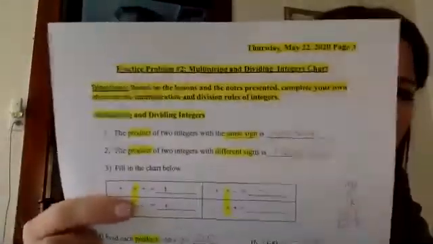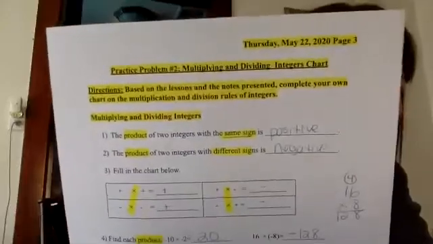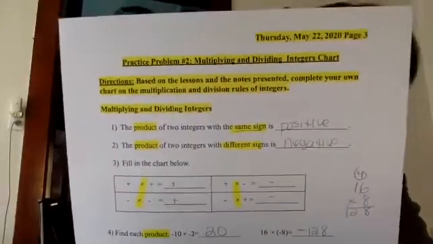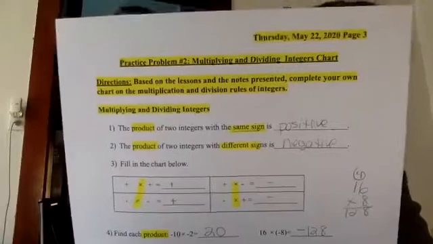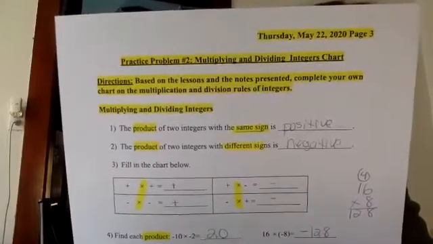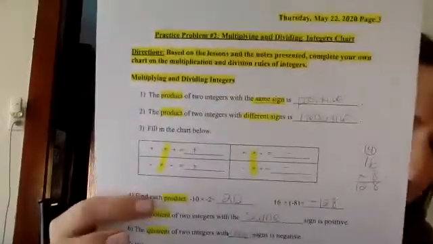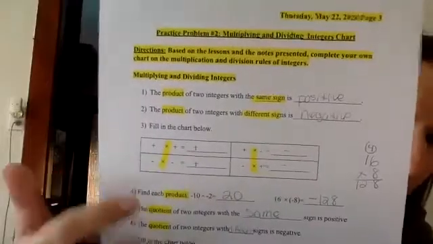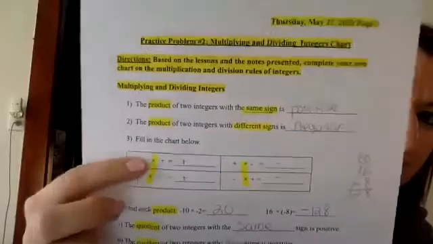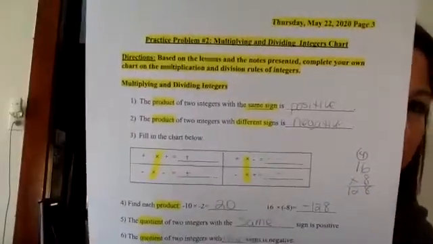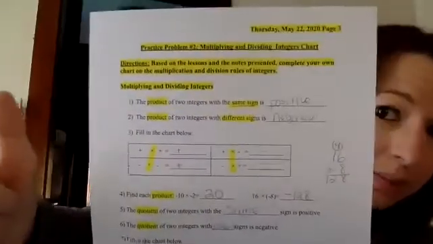So if you know these rules for multiplying and dividing integers, you can answer any question. Very simple. Same signs, it's positive. Different signs, it's negative. So now we're going to multiply these answers for number 4 and number 5, keeping in mind that the same signs is positive and different signs is negative. Thumbs up so far if you're with me.